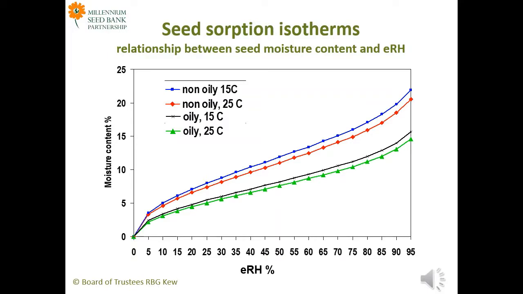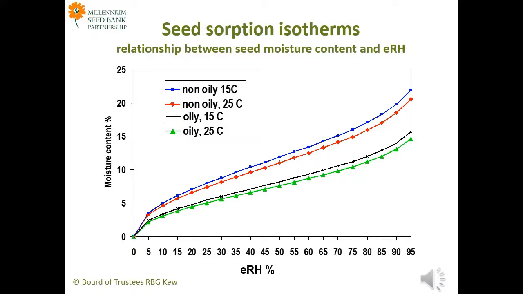I can show this more clearly using this graph. This is the sorption isotherm for 4 different seed collections, which is essentially a graph showing the relationship between a seed's ERH here on the x-axis and its moisture content on the y-axis. As you can see, as the ERH increases, so does the moisture content. But it's not a linear relationship between the two.